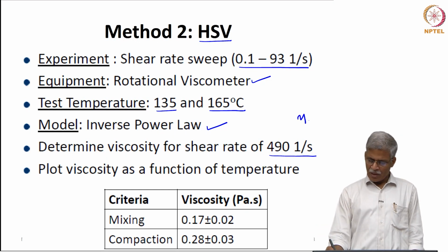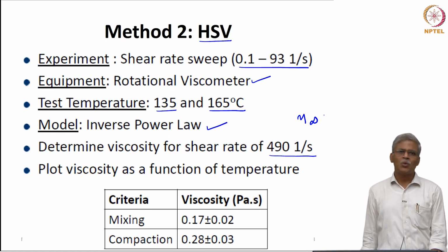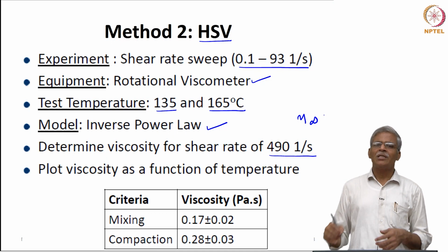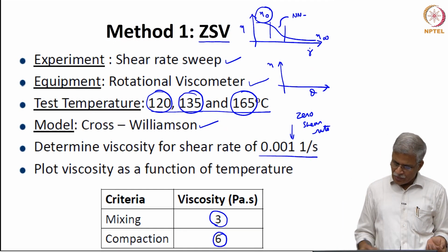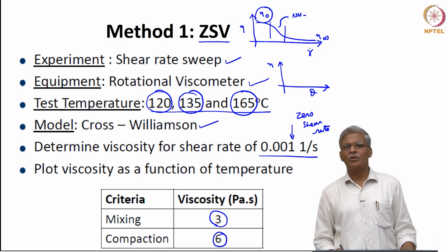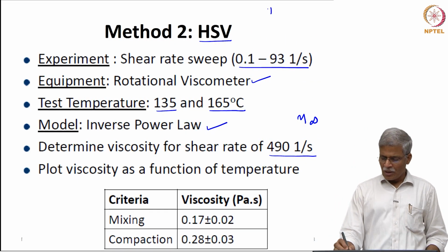As per the procedure that has been prescribed, this could be taken as the shear rate corresponding to eta infinity. Now, you can actually ask the question as to why we can't really measure the viscosity at this particular shear rate. Similarly, you can ask why we can't measure the viscosity at 0.001. We need to understand that there are always torque limits.